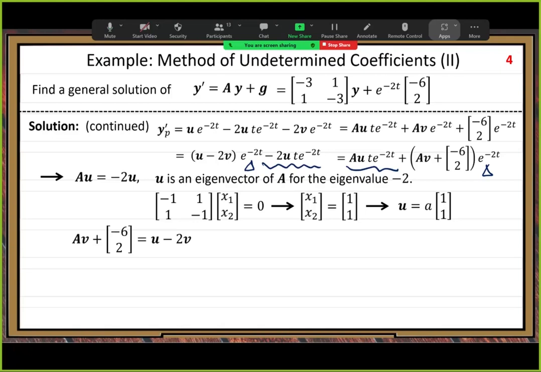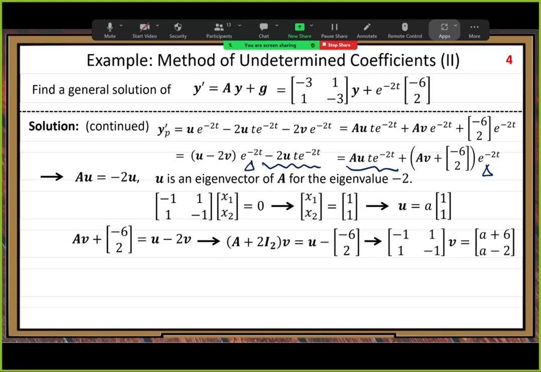Second equation, after simplification, we can write in v part, u part. u is A plus 6, A minus 2.